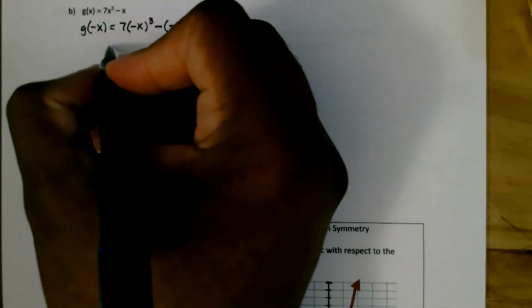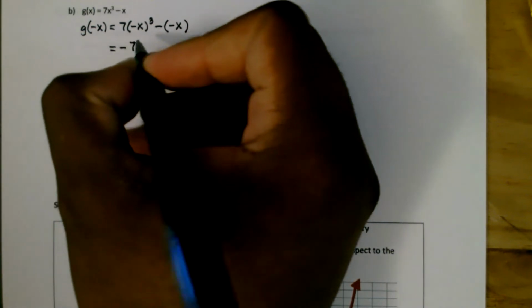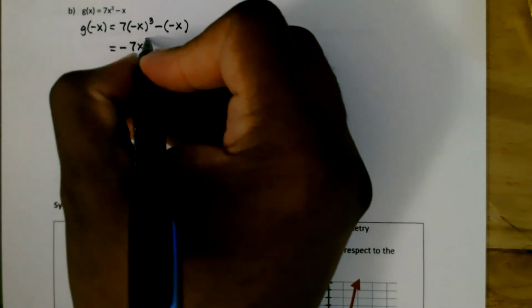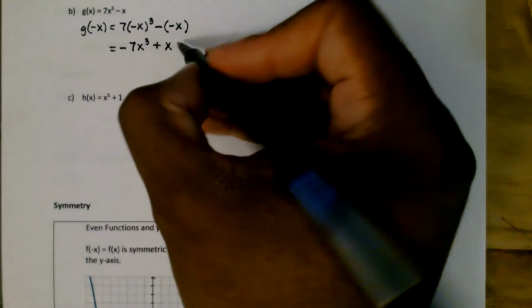And let's simplify. We're cubing a negative, so that means it's automatically going to be negative. So I pull the negative in front, and this will be 7. This x is going to be raised to the third power. So I got negative 7x cubed. Minus a negative x will be written as plus x.